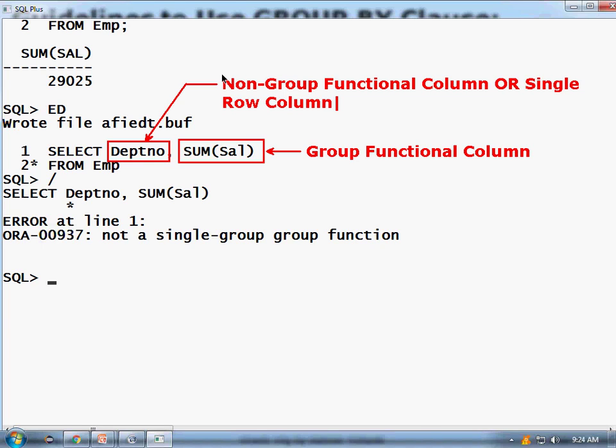So when you are working with group functions and group by clauses, these terms are very, very important. Whenever an error comes, if you don't catch up with these terms, you can't know where the error is projecting. So the rule is very clear: if you have any group functional column, and along with that you are representing any non-group functional column, definitely the query gives you an error.